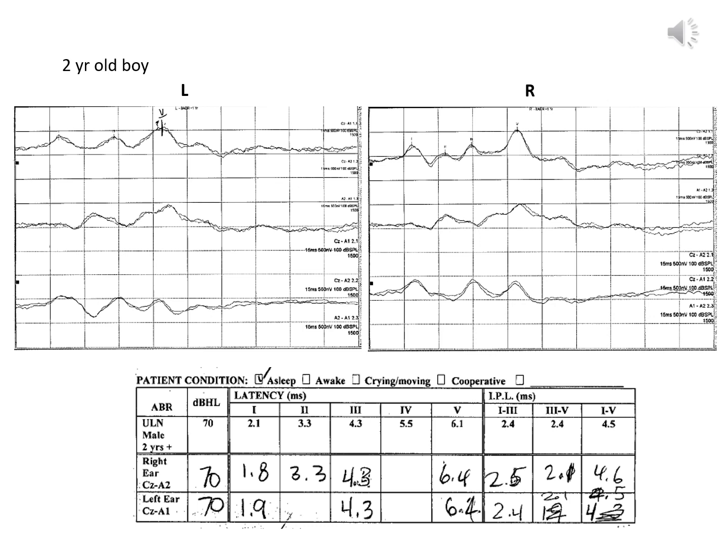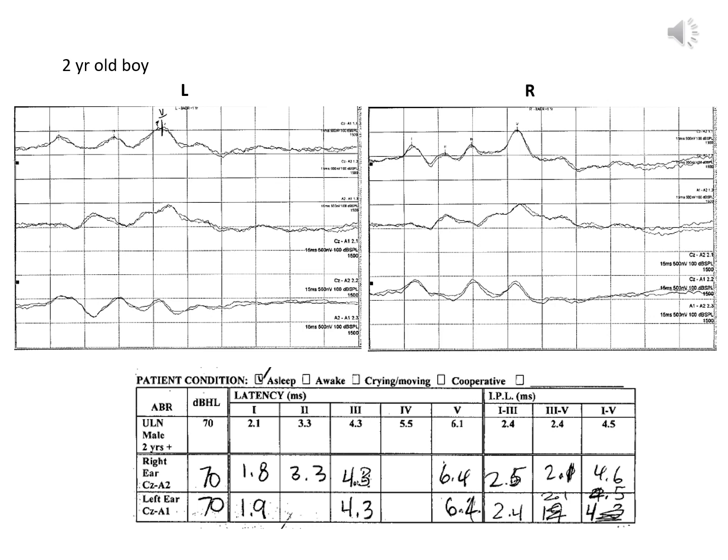And so we have a delay in the wave 5 of both ears. Going on to look at the interpeak latencies, we notice that the interpeak latency of the 1 to 3 is prolonged in the right ear, and it's also prolonged for the 1.5 in the right ear, whereas in the left ear, the 1.3 and the 1.5 are both at the upper limits of normal.